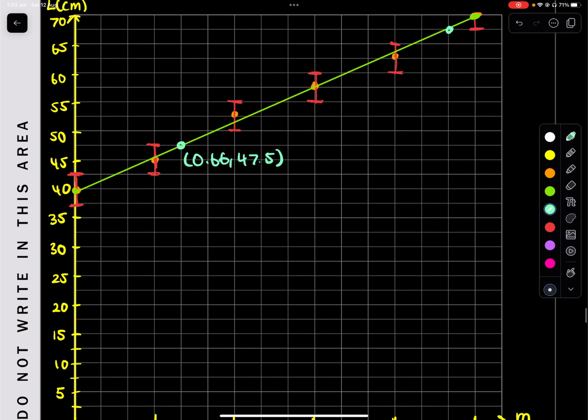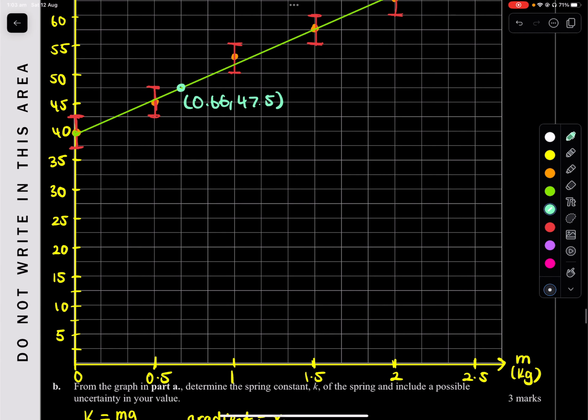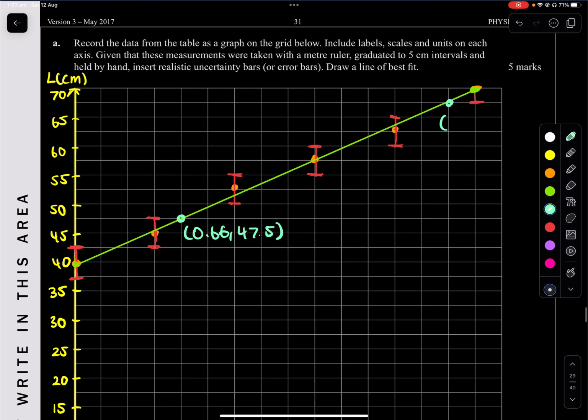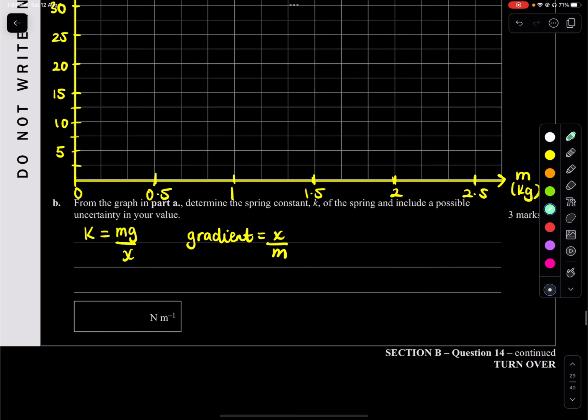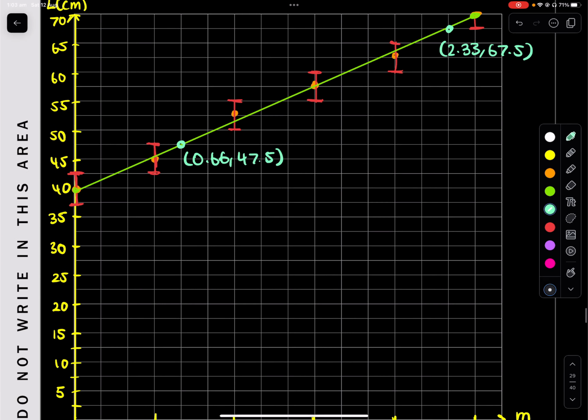This one over here is 0.5 divided by 3, so it'll be 2.5 minus that. So this one over here is 2.33, 67.5.